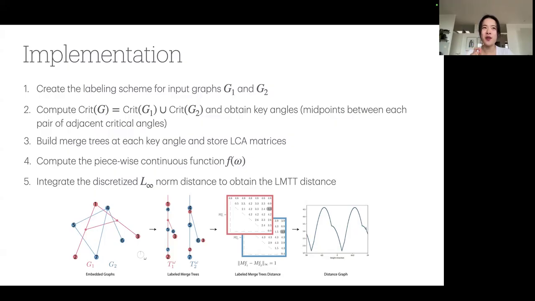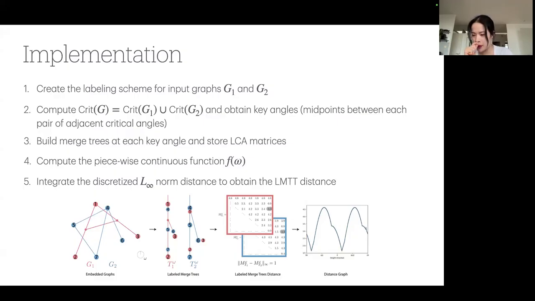Apologies. The angles between any two pairs of neighboring critical angles are what we call key angles. And then we build merge trees at each of these key angles. The information of the merge trees is then just stored as lowest common ancestor matrices. And then we can compute our piecewise continuous function. Well, the naive way would be just to sample them. But we can also do something smarter.